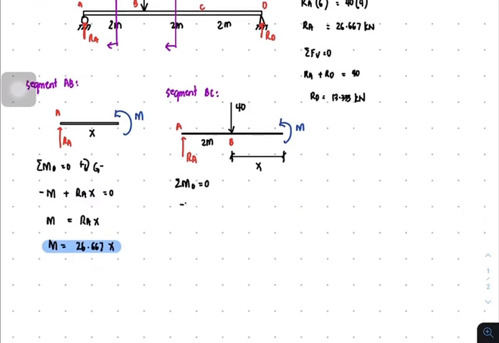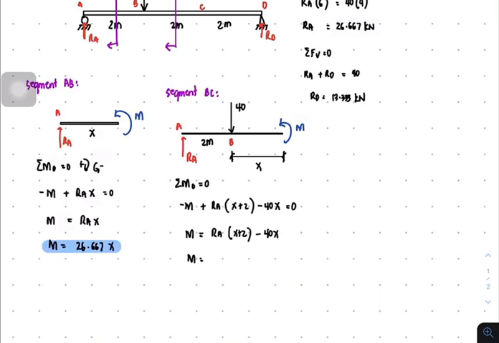You will now have negative M plus RA times the distance, which is X plus 2, then minus 40 times X equal to 0. Transposing negative M to the other side, it will become positive. Then you copy RA times X plus 2 minus 40X.